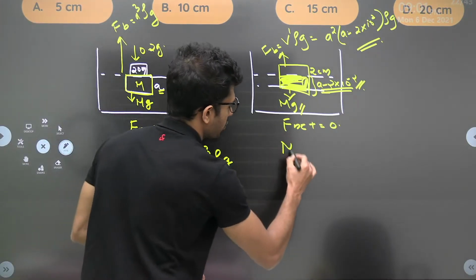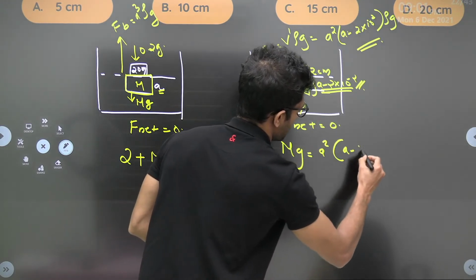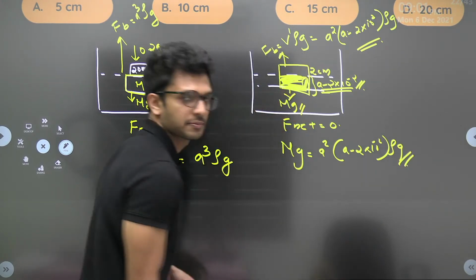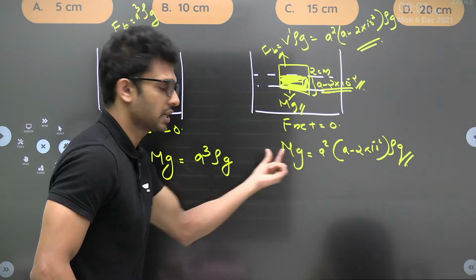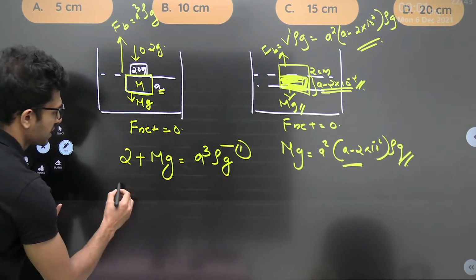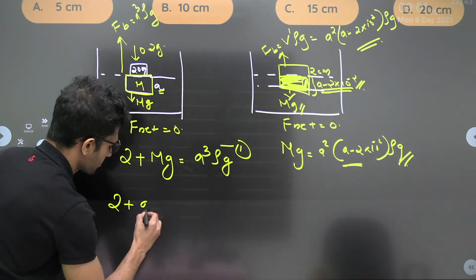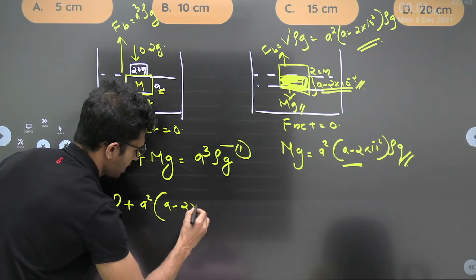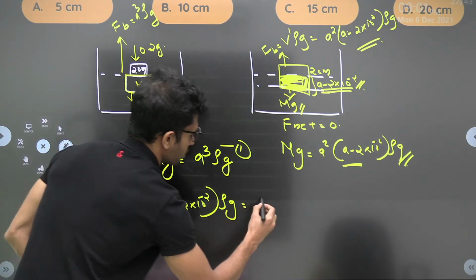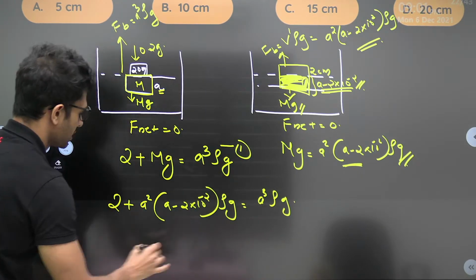You know that downward Mg is equal to upward A square into A minus 2 into 10 power minus 2 rho g, isn't it? Substitute for Mg with this value in the first equation. Then it is done. 2 plus Mg is equal to A square inside the bracket A minus 2 into 10 power minus 2 rho g is equal to A cube rho g. हो गया.